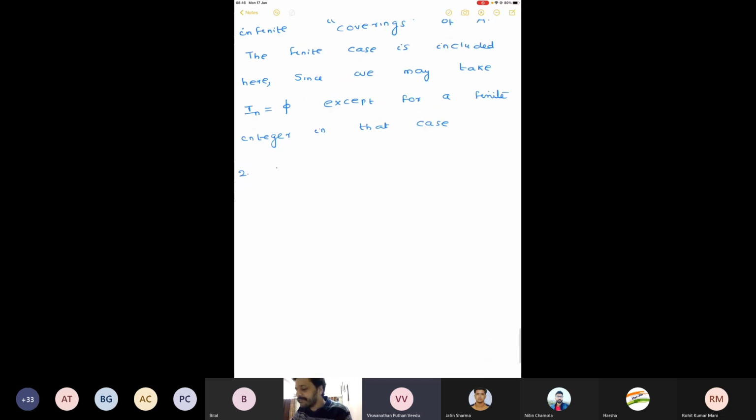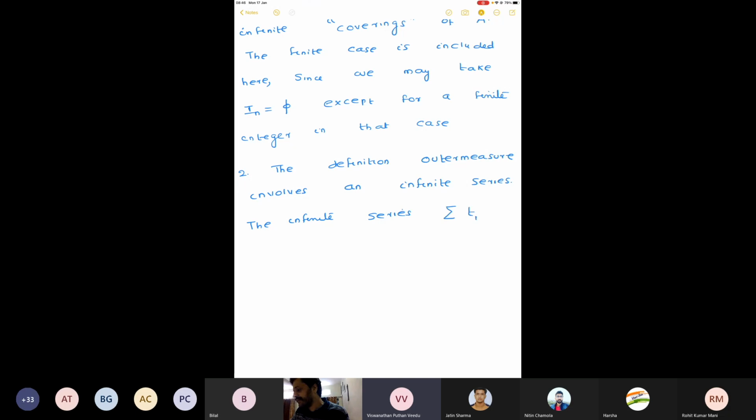The definition of outer measure involves an infinite series of positive terms. Now, for the infinite series here, this is the convention we follow.